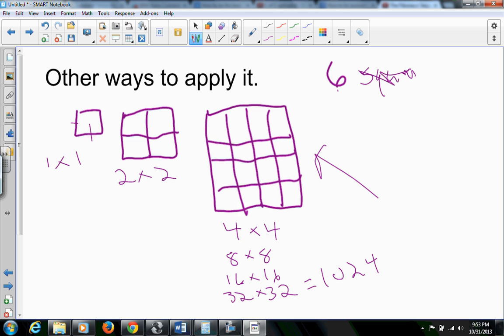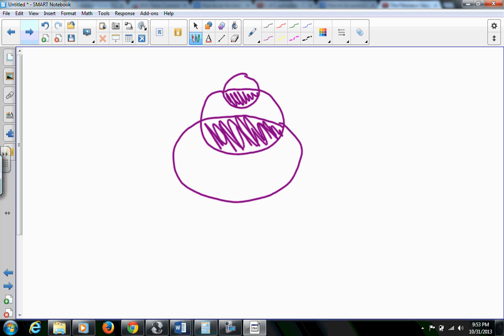All right. So we can use our knowledge of patterns and apply it to visual aspects like this to come up with answers without actually drawing 1,000 pictures, or in this case, only 6. All right. Other simple ways to apply it. What if I wanted to find the next 2 iterations of this? Well, if you look, I have a circle, and then the next one comes through halfway, and I fill it in, and the next one comes through halfway.